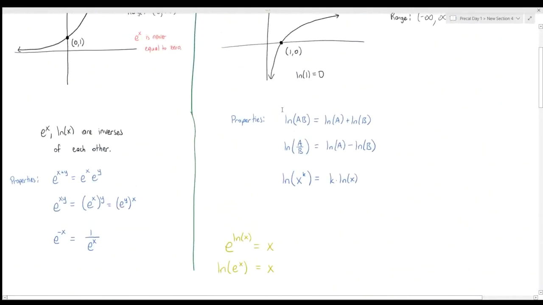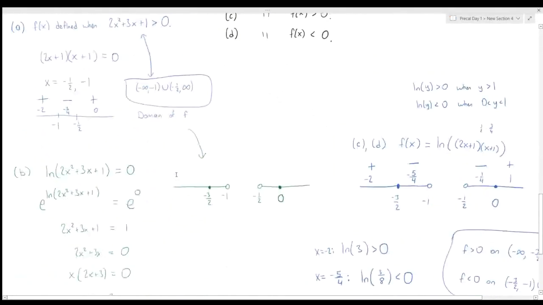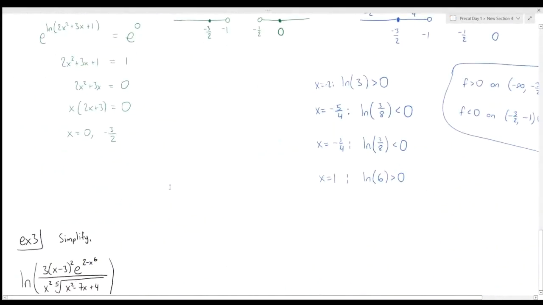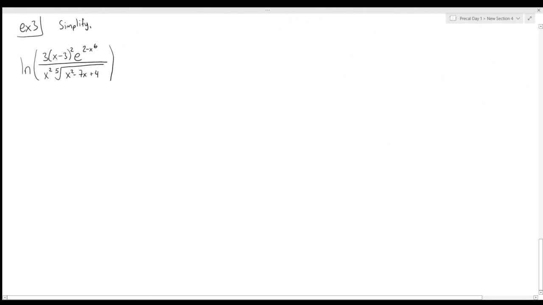I'll copy the properties down below for reference. Okay.